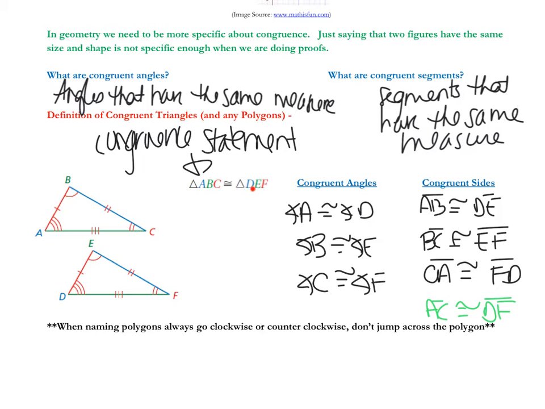So C is not going to be congruent to D if you set up your problem correctly. Keep in mind when naming polygons that you follow order and you do not jump across the polygon. For example, we don't go B to C is congruent to E to D. I jumped across the polygon.